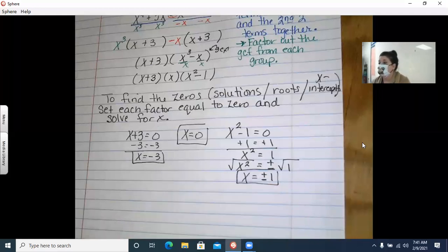Now that we know where the graph is going to cross the x-axis, let's draw an x and a y-axis.